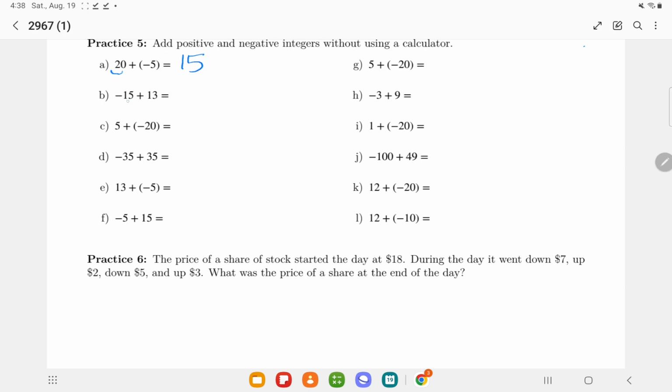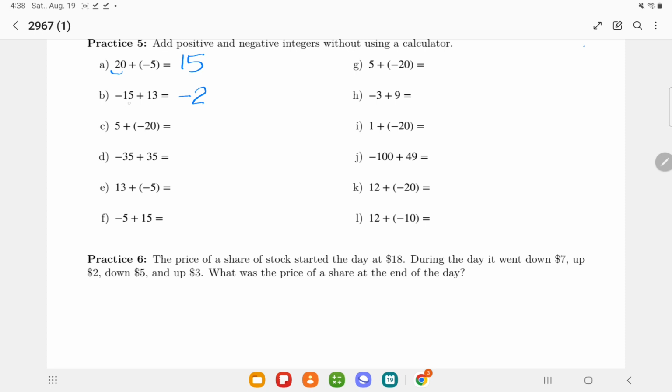In the next example, we have -15 and only +13. So -15 gives us 15 minuses, +13 gives us 13 pluses. If 1 plus cancels 1 minus, we're left with 2 minuses.